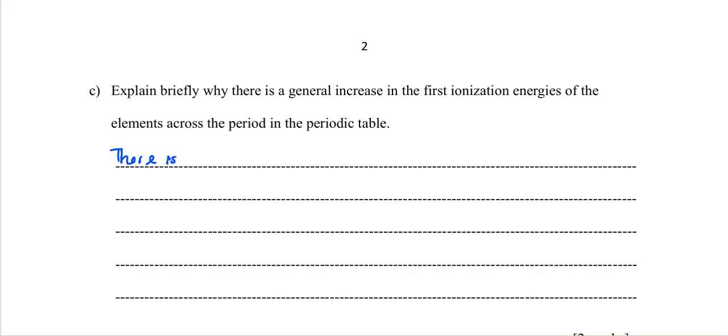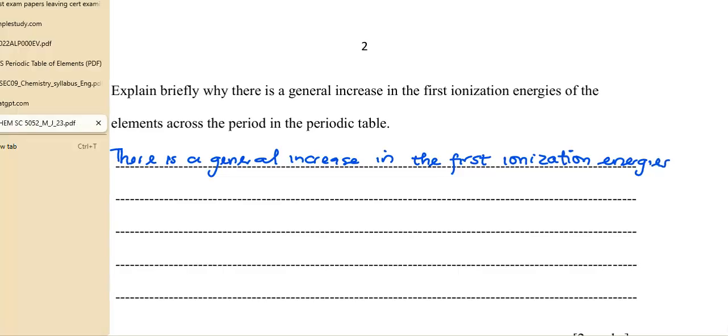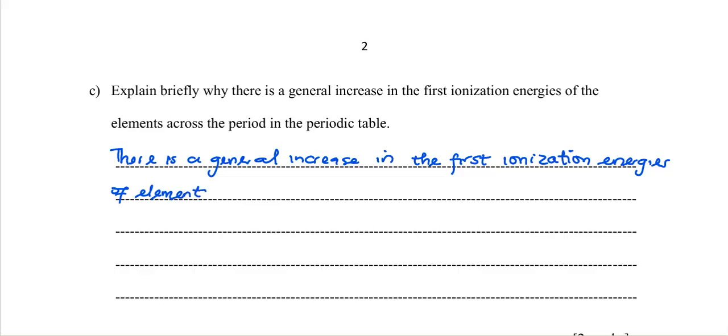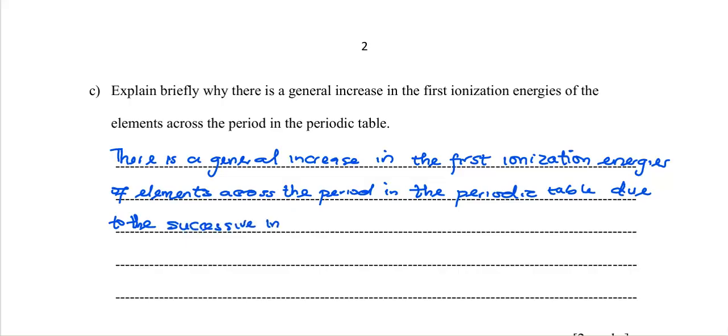So there is a general increase in the first ionization energies of elements across the period in the periodic table, due to successive increase in atomic number without increase in electron shell.